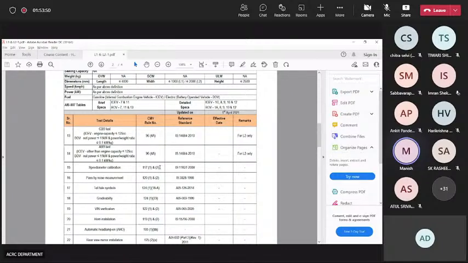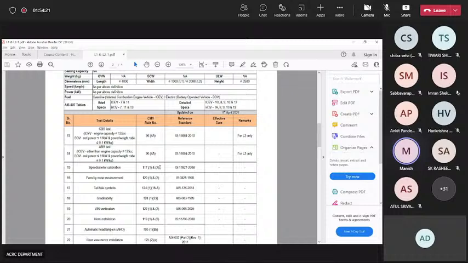Okay. Then comes the speedometer calibration. This is one homologation requirement: the speed of the vehicle and the speed indicated on the speedo cluster cannot be identical; there is a deviation requirement. You need to have 1 to 5% deviation in the speed. So if your actual speed, let's say GPS speed, is 40, it should show 45 or 44.